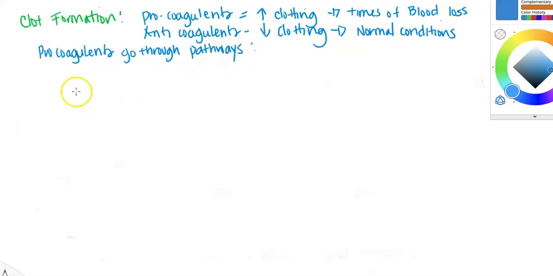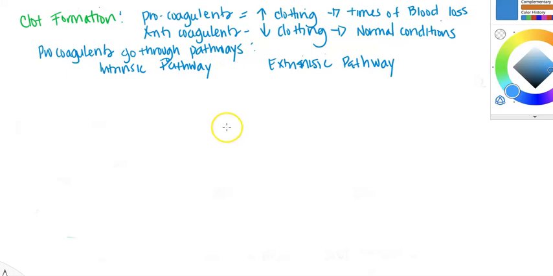There is an intrinsic pathway and an extrinsic pathway. So internal and external.